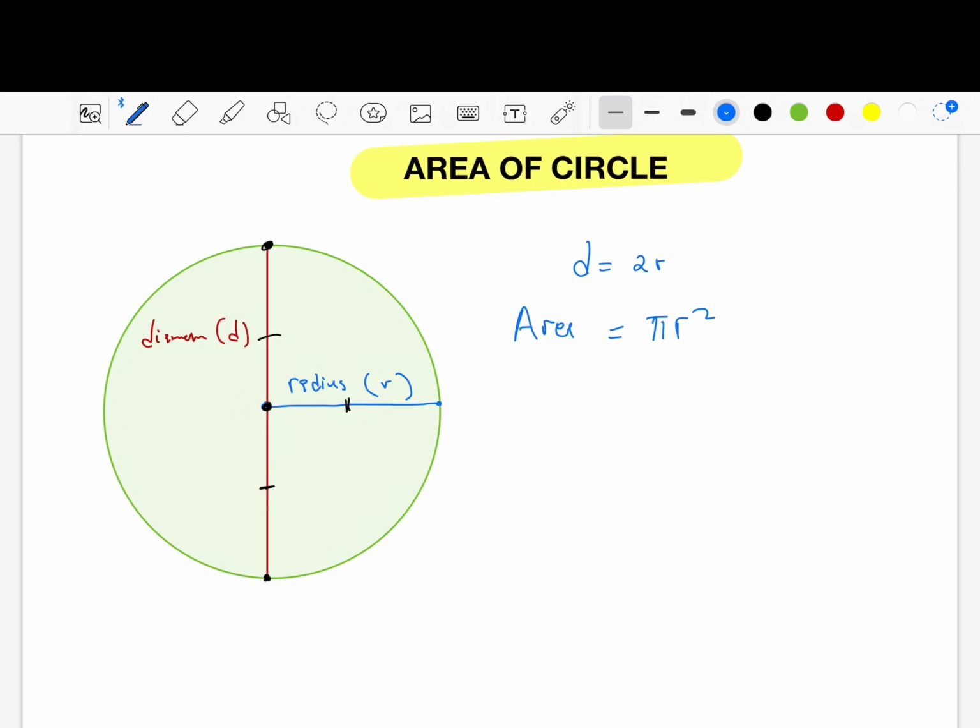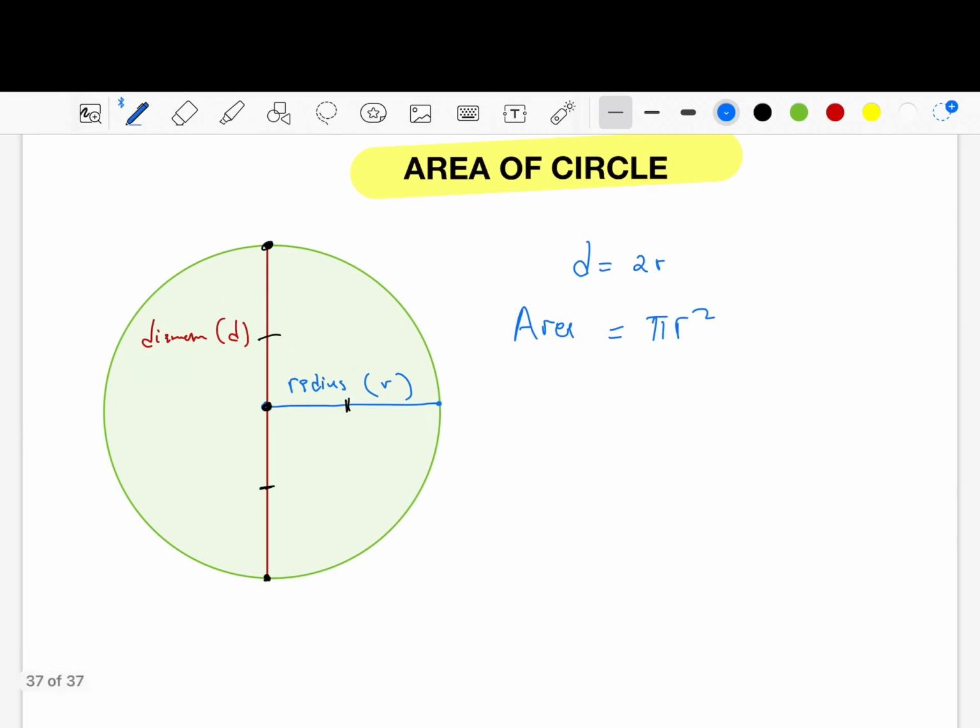We're going to unpack that later on, because area exists on the radian side of things, not on the degree side of things. So for now, just know that the area of a circle is pi r squared.